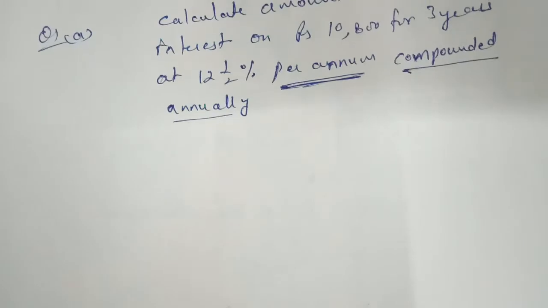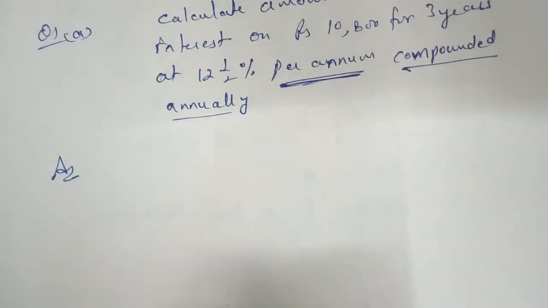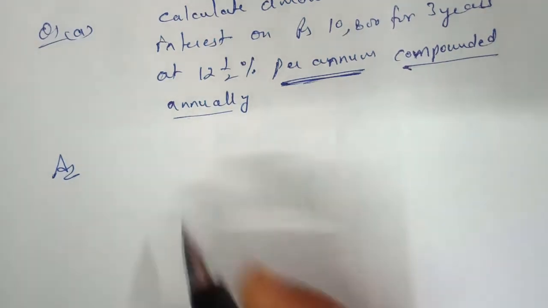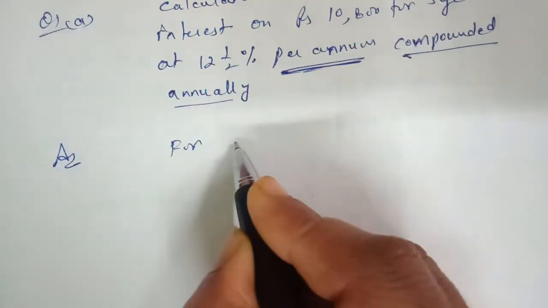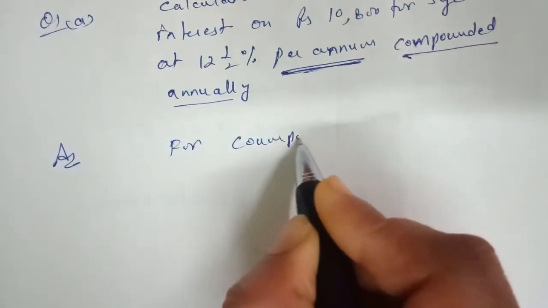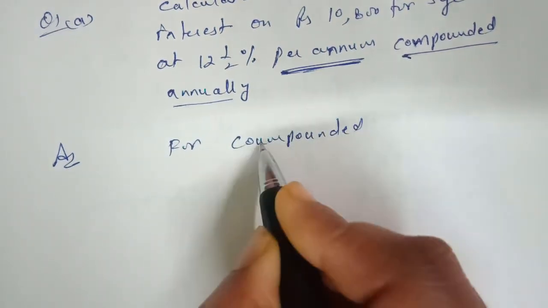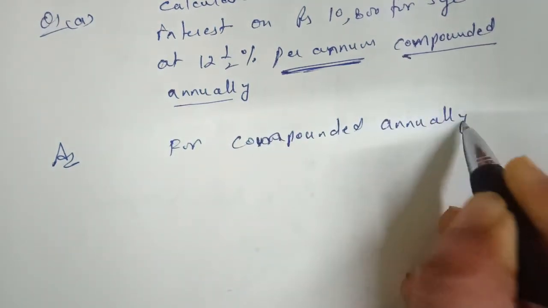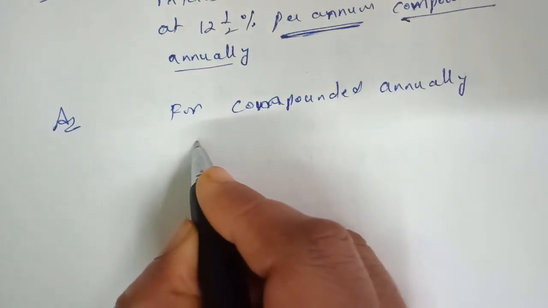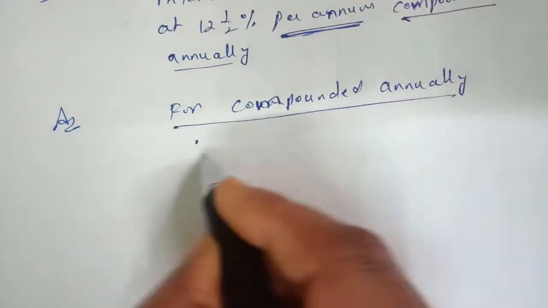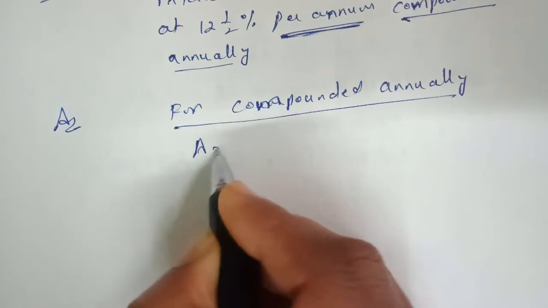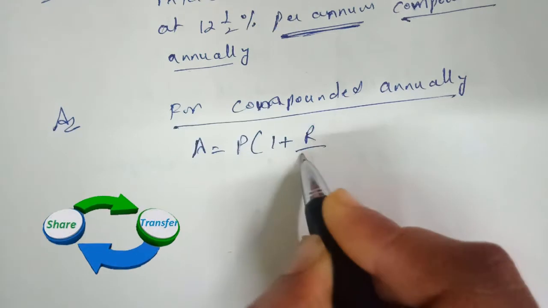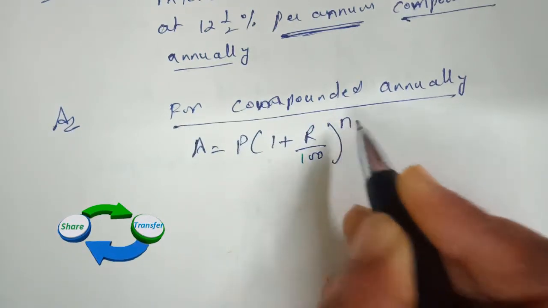For finding the amount or compound interest compounded annually, we are going to use the formula. First we are going to find the amount. Amount is equal to principal times 1 plus r upon 100 raised to the power n.